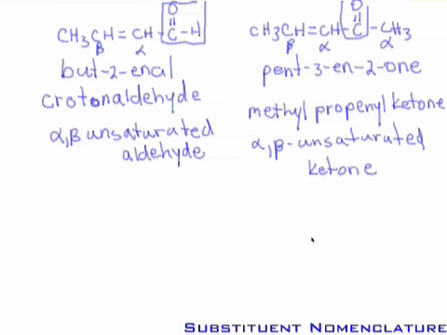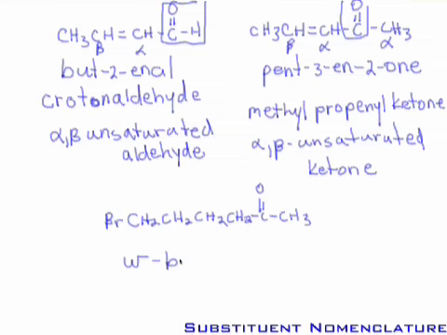One last group designation is referring to something as an omega substituent ketone or aldehyde. For example, if I have a bromine at the end of a long chain, I'm not naming this molecule, but I can designate this as an omega bromo ketone.